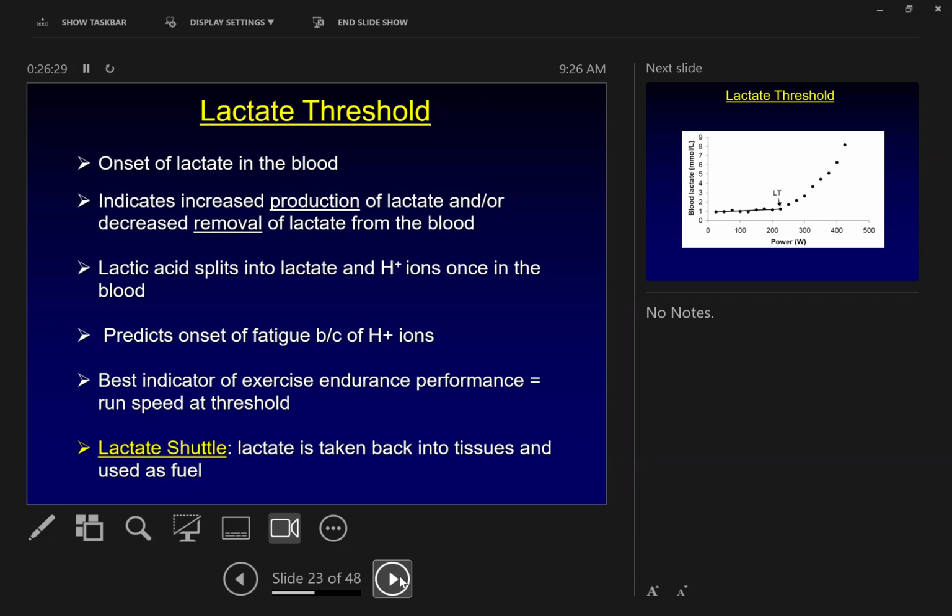Now, even though it's isometric, you are turning glucose into pyruvate at a very rapid rate in those shoulder muscles right now. Some of that pyruvate is going into the mitochondria. Others of it is becoming lactic acid.